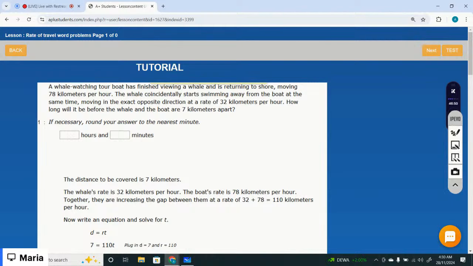So the distance between the boat and the whale is 7 kilometers, right? The whale's rate is 32 kilometers per hour and the boat's rate is 78 kilometers per hour.